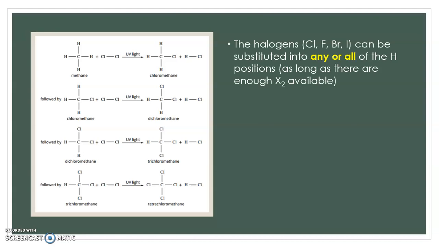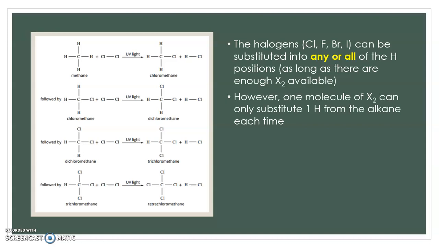So here, I show you 4 different steps. The halogens can be substituted into any or all of the positions, as long as there are enough halogens available. However, one molecule of halogen can only substitute one hydrogen from the alkane each time.